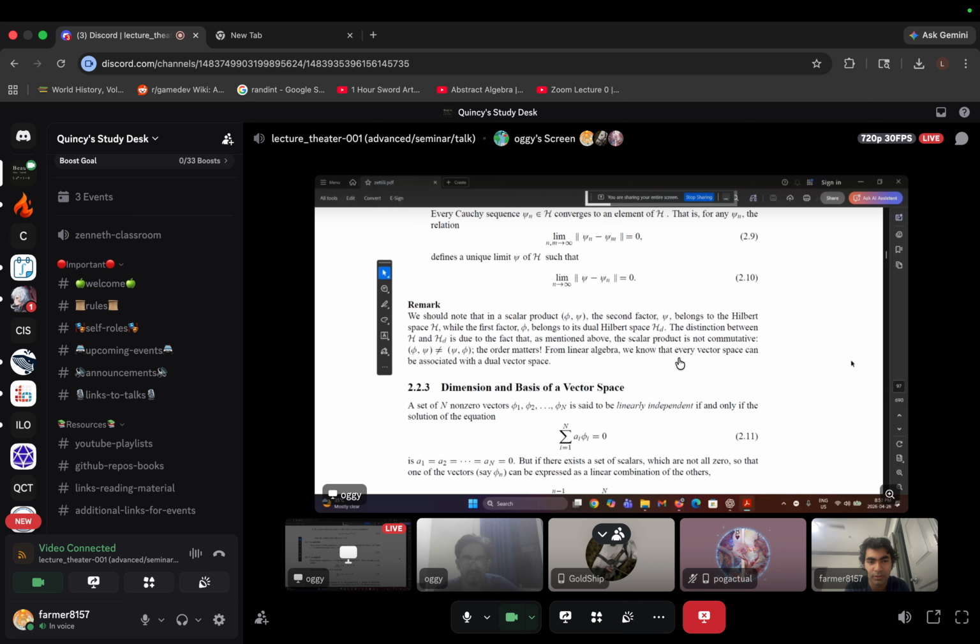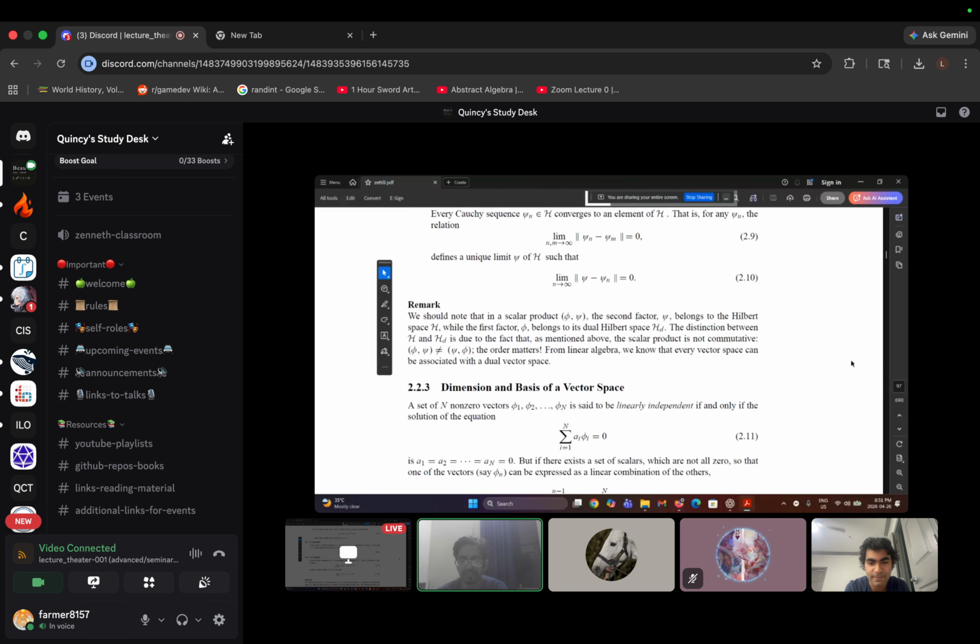That's the definition. If there is a vector and a dual to it, and we multiply the dual of the vector with the vector, then we get a number. Not 100% sure.